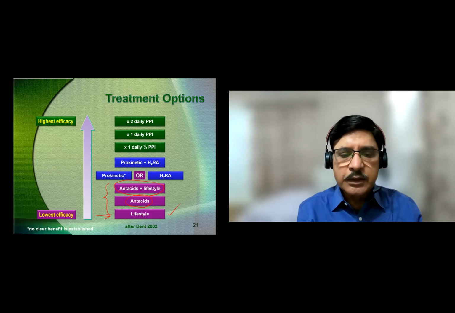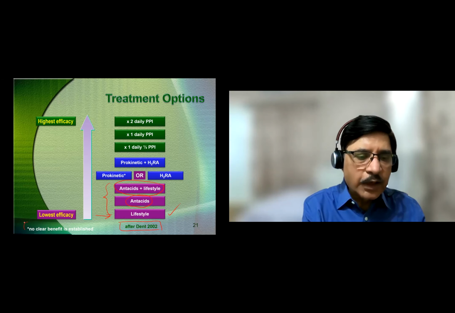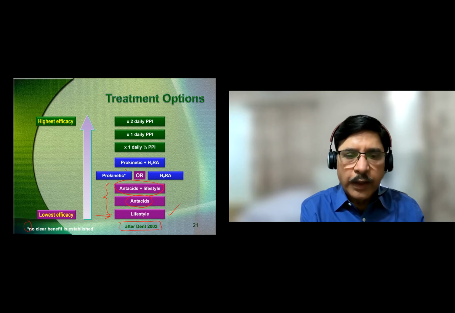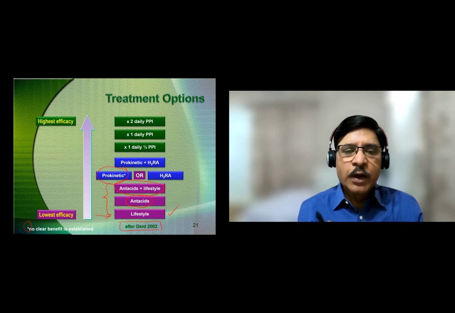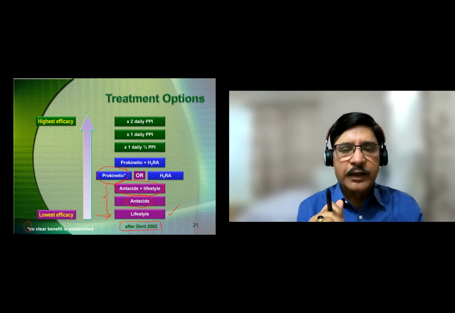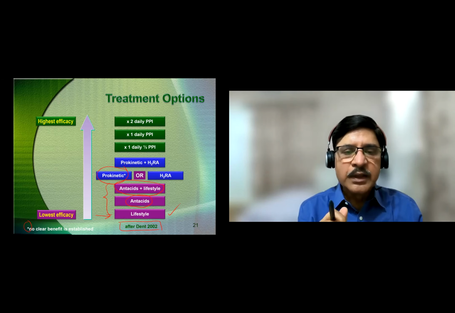This is after Dent in 2002. Yes, clear. And I have marked here an asterisk. There is no clear benefit of prokinetics. Today's watchword is do not use the prokinetics left and right because they can affect the electrical conductivity of the heart and are more harmful than beneficial.